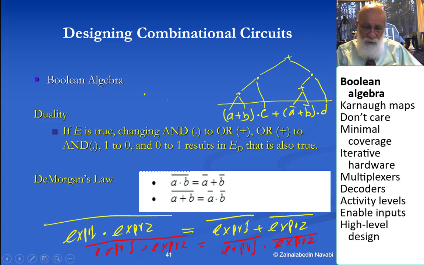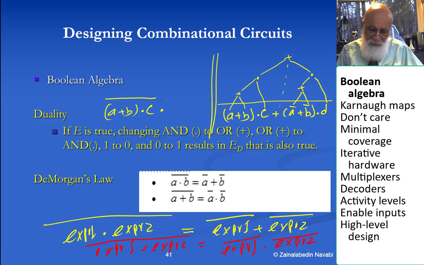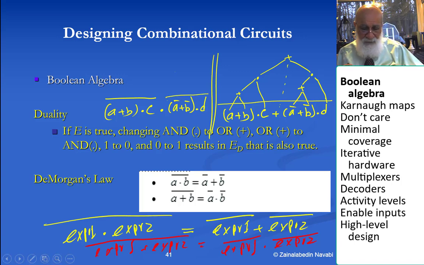The upper level operator is this ORing, and therefore the first place you break the bar is on the upper level operation. So it becomes A or B ANDed with C, the bar breaks here and the operation changes to AND, A bar or B bar ANDed with D. So that's where the bar breaks.